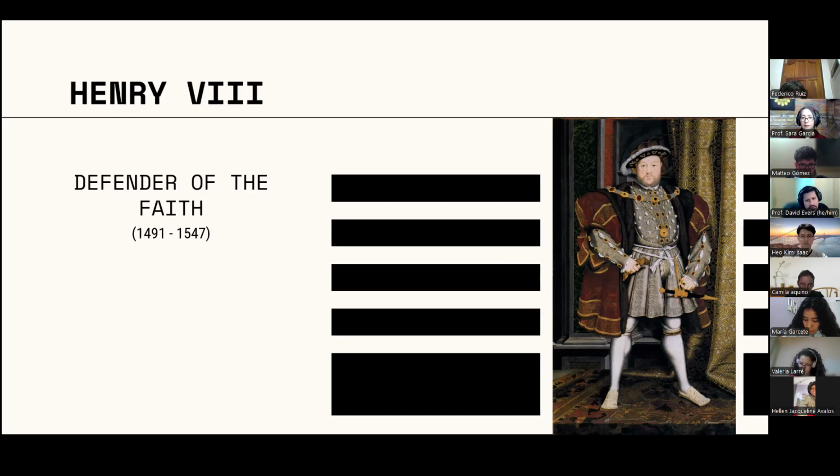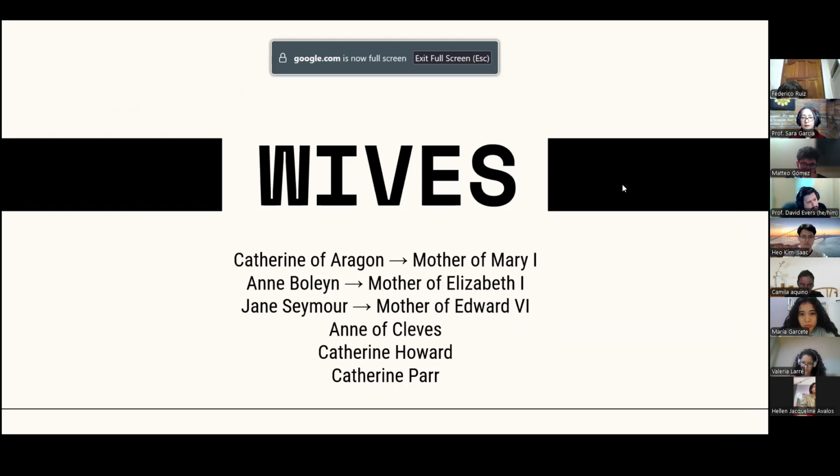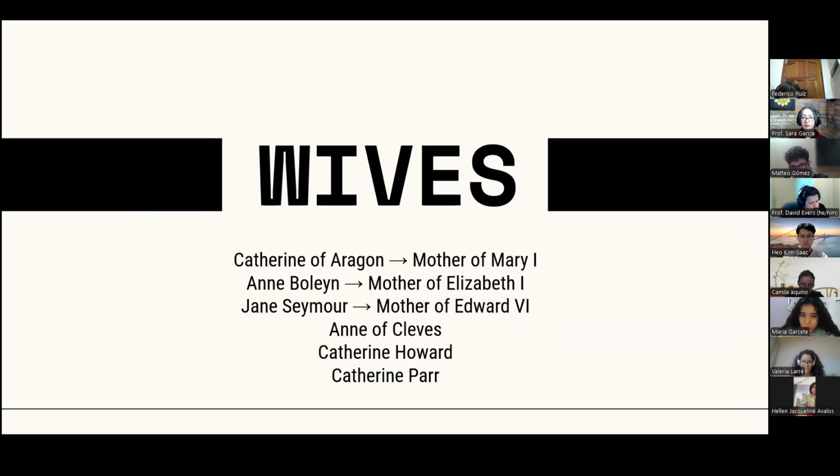Now, it is 1525, around that time, and Henry, now already around 30, I believe, still doesn't have a male heir. So let's go here. With his wife Catherine, Catherine had, I believe, at least five stillbirths.